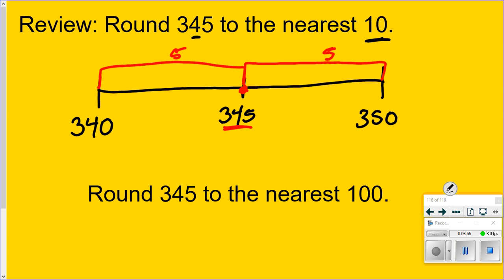How do you know that? Because last time we said that when the number is right in the middle, it's always going to round up. So 345 is going to round to 350. Even though it's right in the middle, we're going to go ahead and round up to the nearest 10.